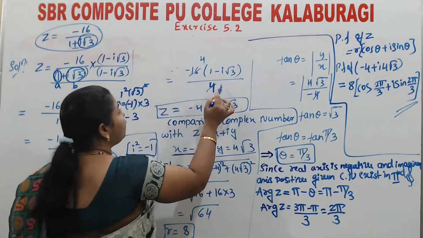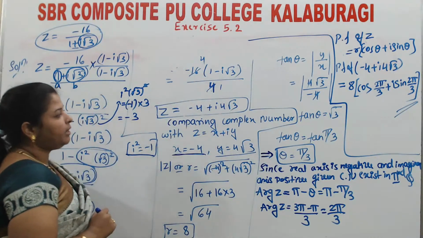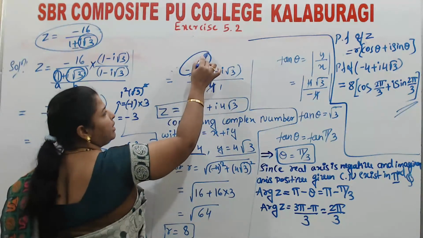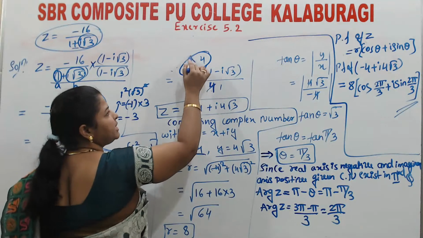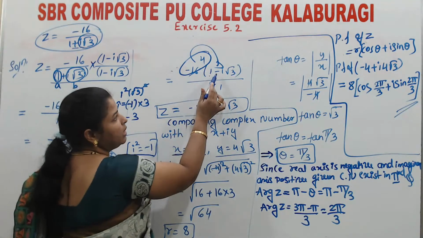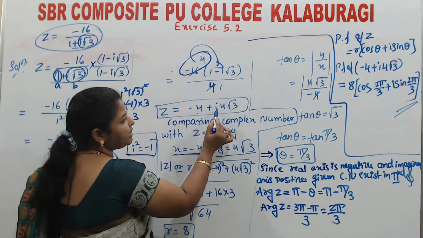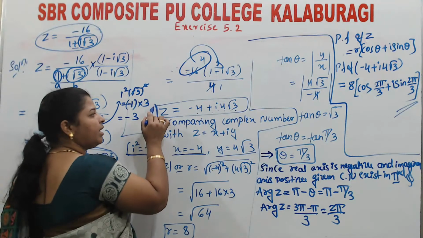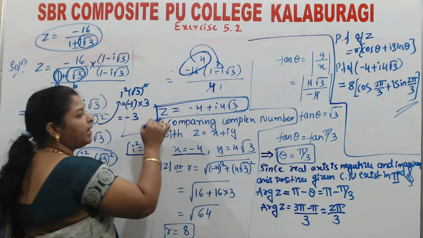The denominator is 4. 4 ones are 4, 4 fours are 16, right? Therefore, z is equal to, here it remains minus 4. Multiply this minus 4 inside the bracket. 1 into minus 4 is minus 4. This minus becomes plus i 4 into root 3. Okay, this is our complex number, right?